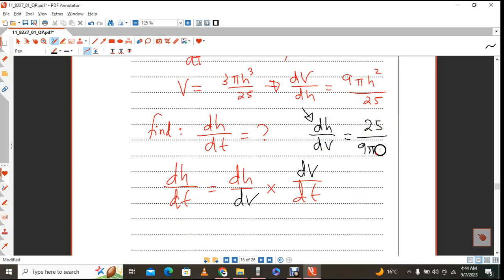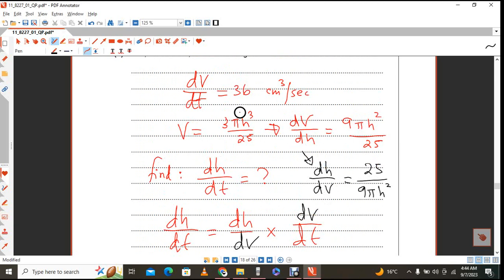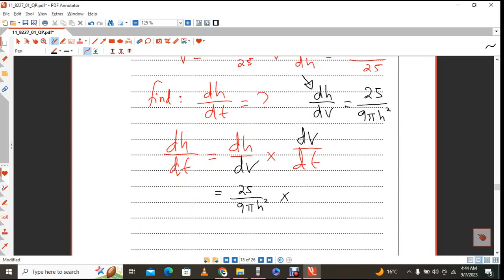So it becomes 25 over 9 pi h squared. dV/dt we already know is 36 cubic centimeters, so we're just going to have 36 there. So this is going to give us dh/dt, which is nothing but 900 over 9 pi h squared, which is 100 over pi h squared.